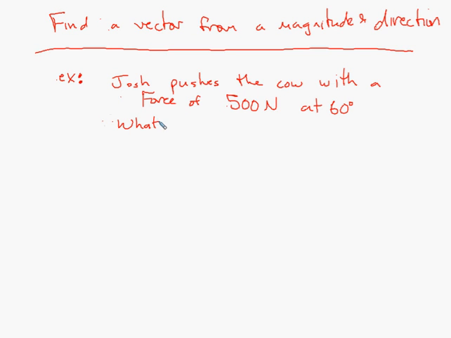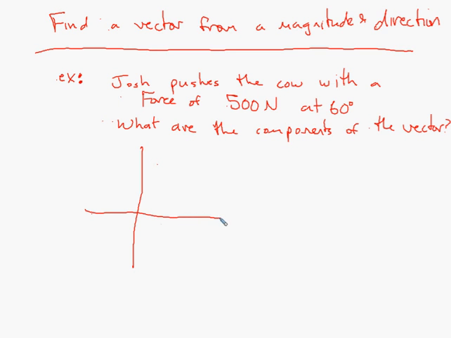What are the components of the vector? Basically the component form. So we'll draw a rough sketch, very rough sketch apparently.